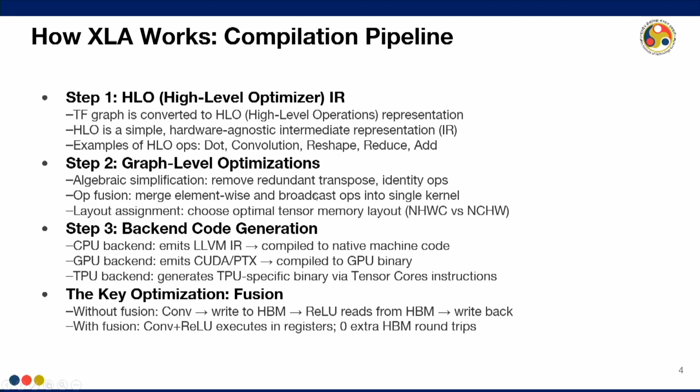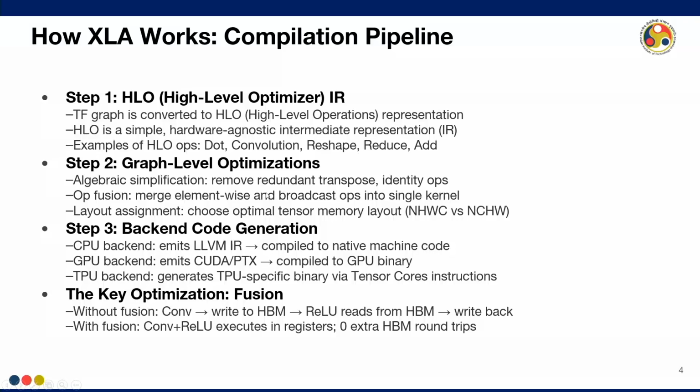And here the algebraic simplification will happen, which will remove the redundant data, and then operation fusion will happen based on, obviously, the tensors. If you have a very huge kernel with huge data chunks, it will tile. So, many such different optimizations are there: tiling, chopping and fusing different operations. It will merge element wise and broadcast operations into a single kernel.